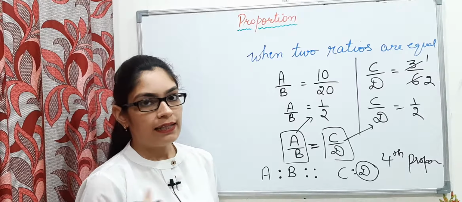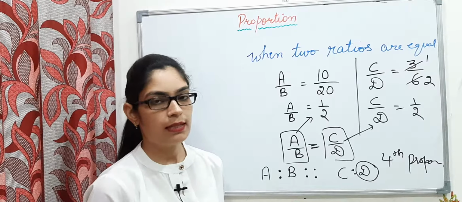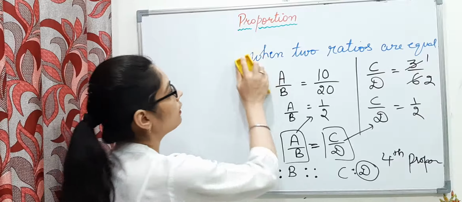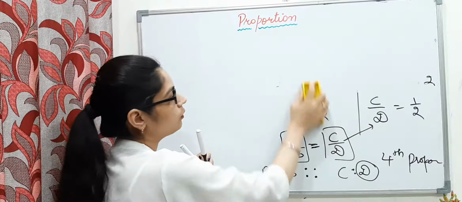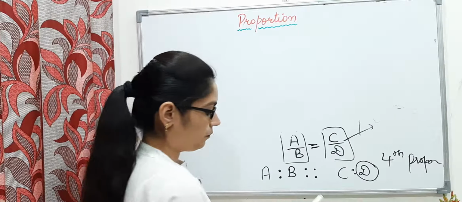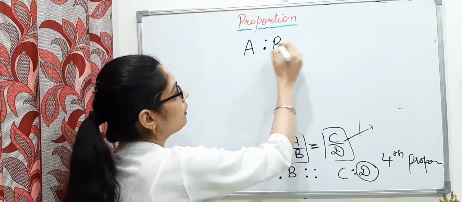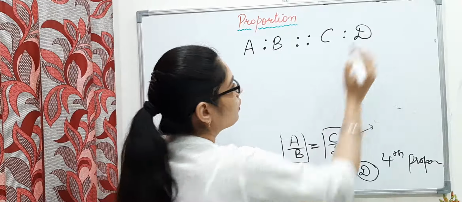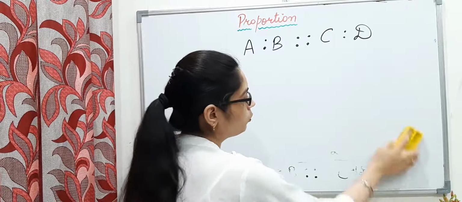You can remember this. In proportion, like I have told you, these two should be the same kind and these two quantities should be the same kind, so we can solve it. Now one formula is there, again I will write it down. We can use that formula while solving the questions. When A is to B is proportional to C is to D, then we use one formula.